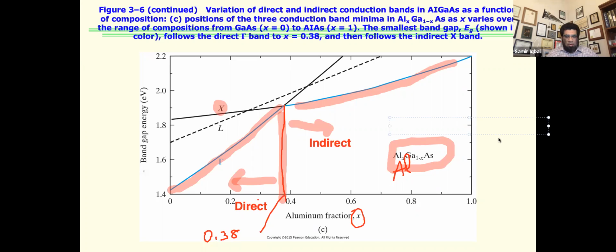Aluminum 0.38, gallium, how much is 1 minus 0.38? 0.62, right?